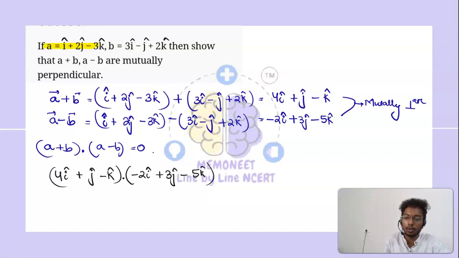If we do the dot product, that is 4 into minus 2, that is minus 8, then j multiplied with j, that is 1 into 3, that is plus 3, and minus 1 into minus 5 of k cap, that is plus 5. So this will be equal to 0. Yes, this statement is absolutely correct.